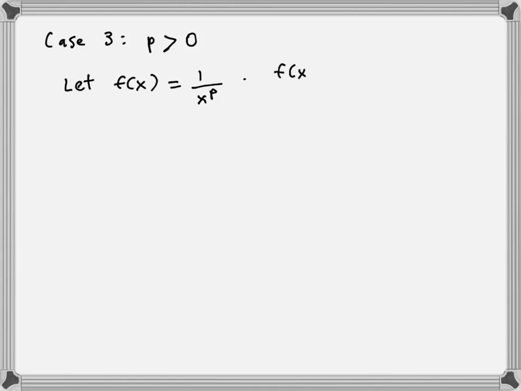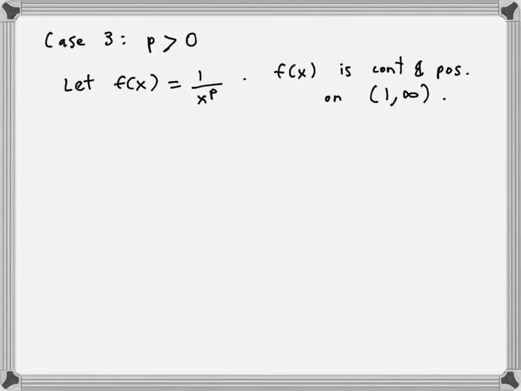Certainly, f is continuous and positive on 1 to infinity. That's obvious, right? Because this thing is clearly defined on 1 to infinity. There's no discontinuities after 1. And it's positive because we're only plugging in positive x's from 1 to infinity, and a positive number to a positive power is, of course, positive.